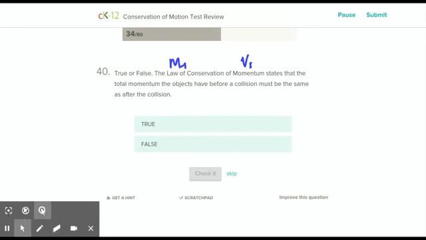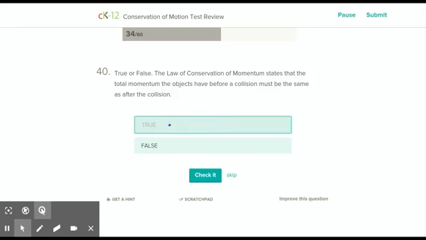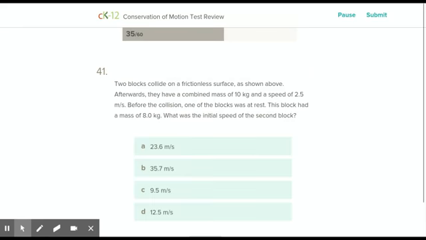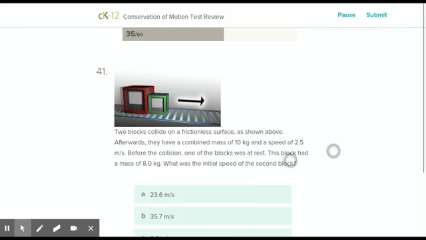Okay, next, true or false. The law of conservation of momentum states that the total momentum of objects before collision must be the same after collision. True. Momentum's always the same. All right, let's take a look at this question.